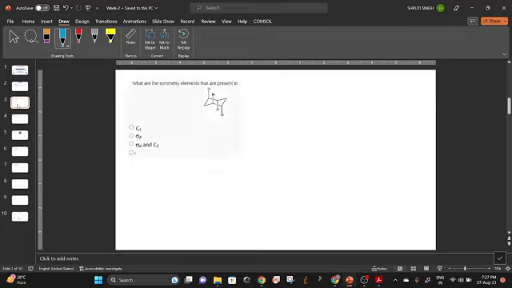Okay, let's see the second question. This one I think everyone did, right? The symmetry elements present here. So how do we draw this? Shall I draw it like a hexagon?